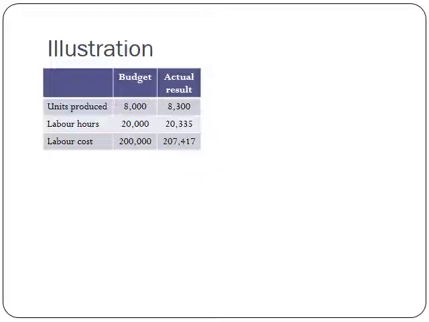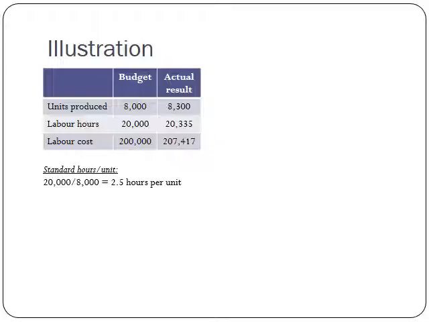So what we would do first of all is work out some standard costs and usage from our budget, and we would calculate them from our budget. Our standard costs are not based on what's actually happened. So first of all, I could work out the standard hours required for a single unit.